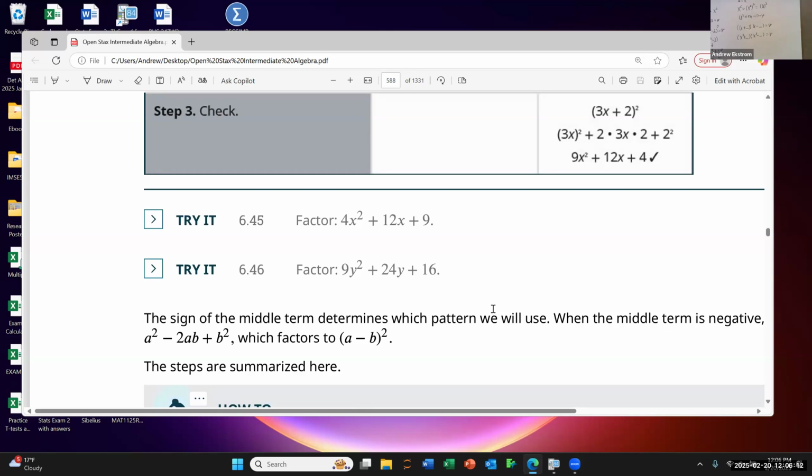So if we're looking at something like this, 4x squared plus 12x plus 9, if you use the method we've been talking about, a equals 4, b equals 12, c equals 9, plug them in, solve for x, you're going to get the right answer. If you use the method that they're talking about, that should actually factor out to be 2x plus 3.